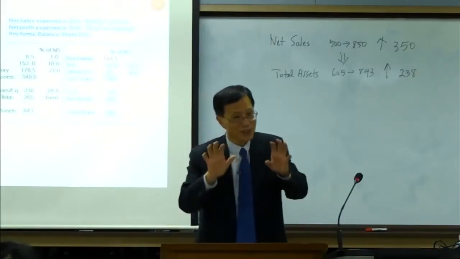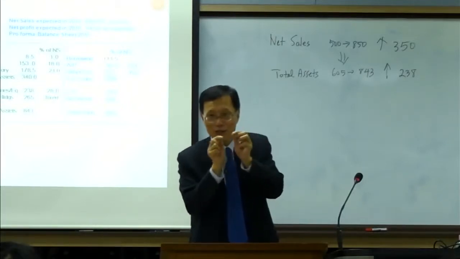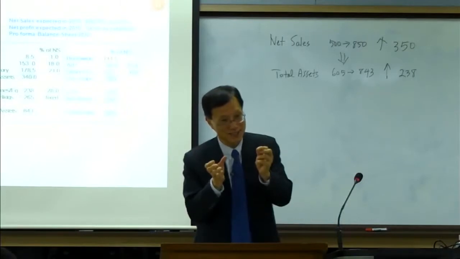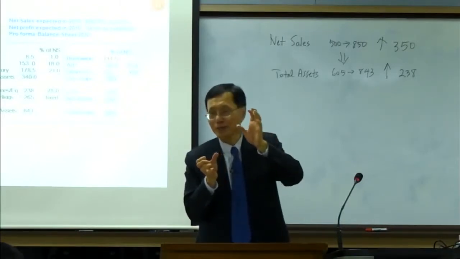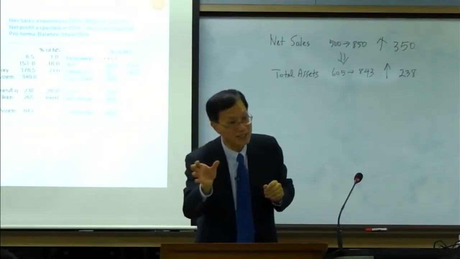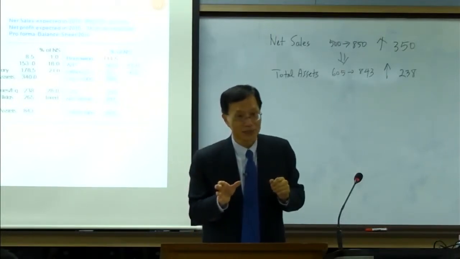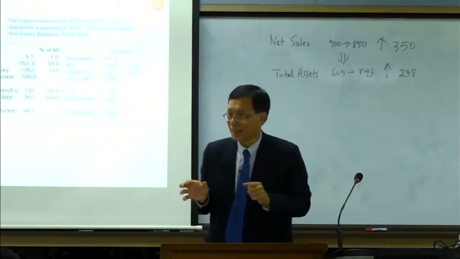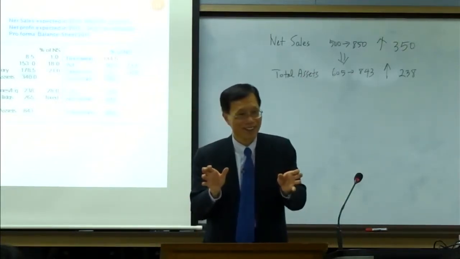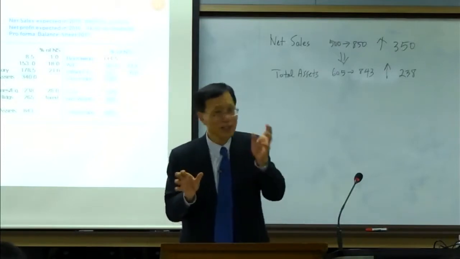Unless you increase the size of assets, you cannot have growth in sales. So there is a very strong connection between net sales and total assets. If you want to have growth in net sales, you will have to invest in total assets. Investment is necessary to have growth. Without investment, you cannot grow.